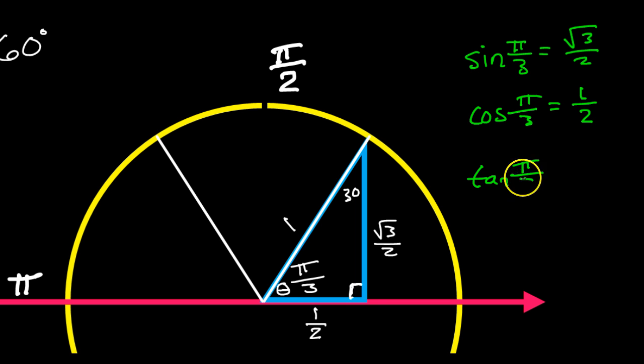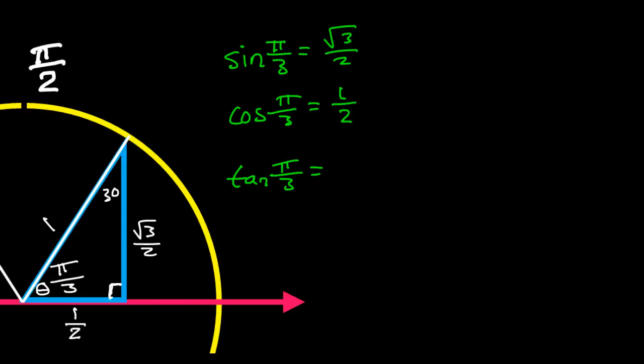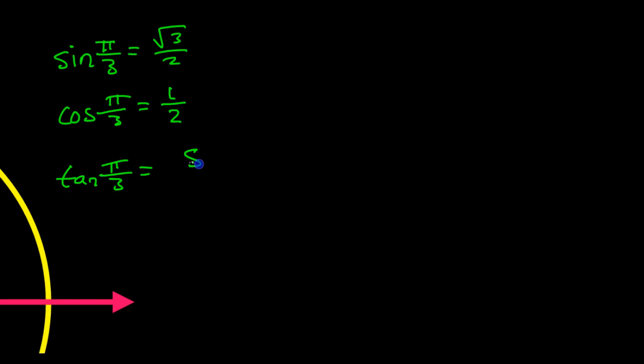Now the tangent of pi over 3. Now, instead of looking at the triangle and going opposite over adjacent, let's remember that we learned a moment ago that tangent is the same thing as sine over cosine. So let's just do that. We don't have to go back to the triangle. Let's just use our sine and our cosine. So sine over cosine, all right, and we also learned the shortcut that if the denominators are the same like this, they're going to wind up canceling out.